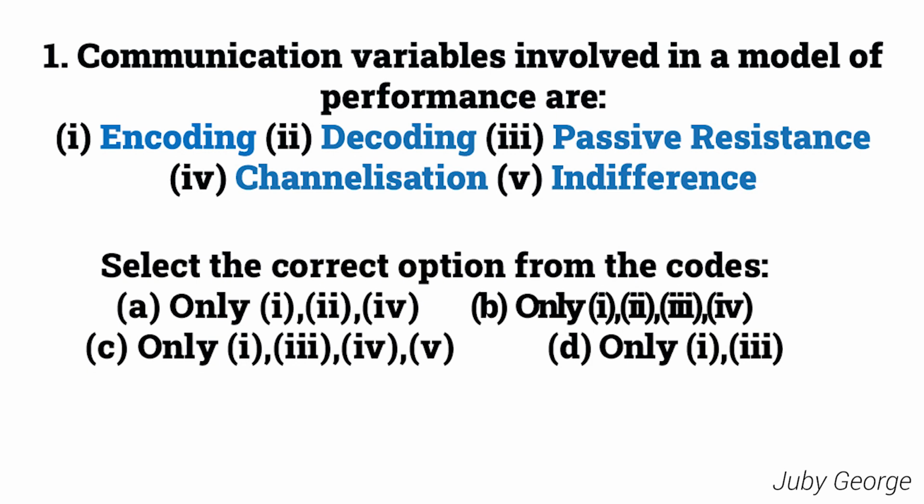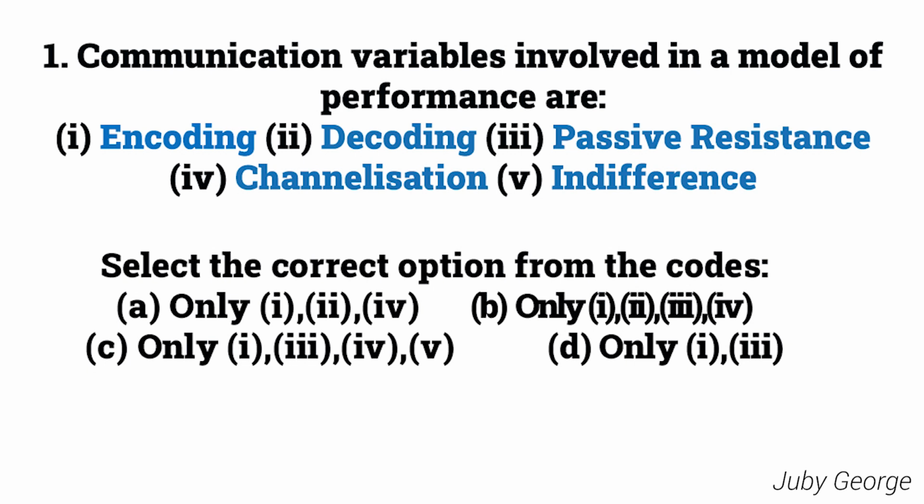Of course, we have already discussed that a model of communication includes the SMCR model, which is the sender who encodes the message, then the channel, and then the receiver who decodes the message. So from this we can understand that there is a process of encoding, decoding and channel. Let's find the variables given. The first variable is encoding, the second is decoding, and the fourth is channelization.